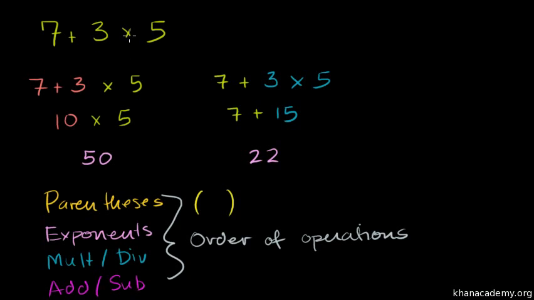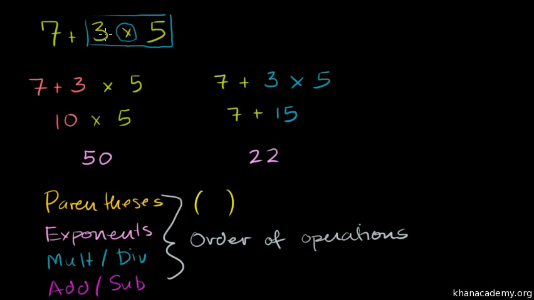I'll do some examples that do have parentheses. We don't have any exponents here, but we do have some multiplication. So the order of operations says, do the multiplication and division first. That's a multiplication, so it says, do this operation first. It gets priority over addition or subtraction.